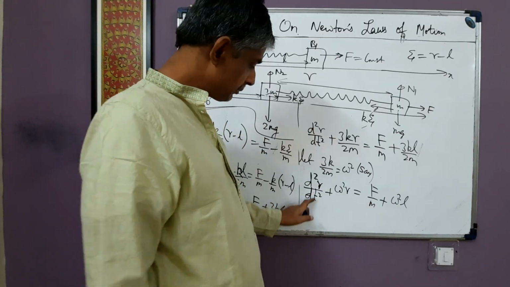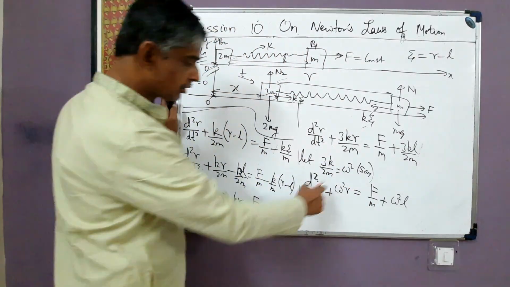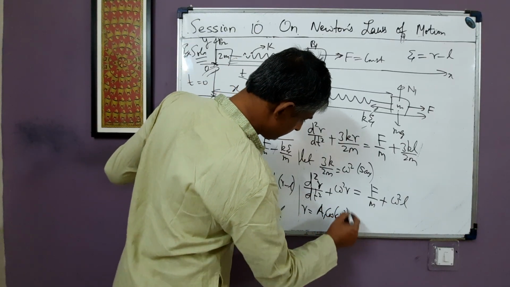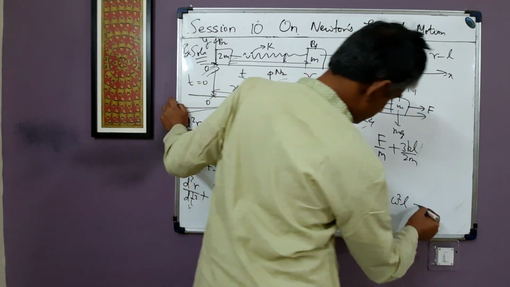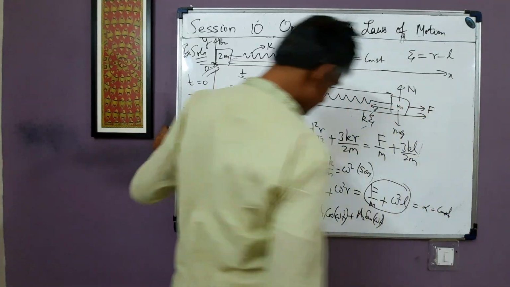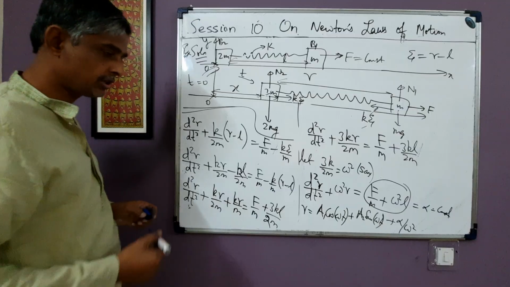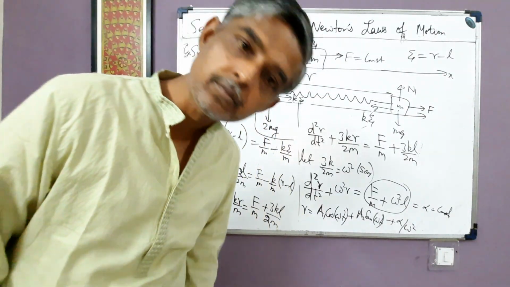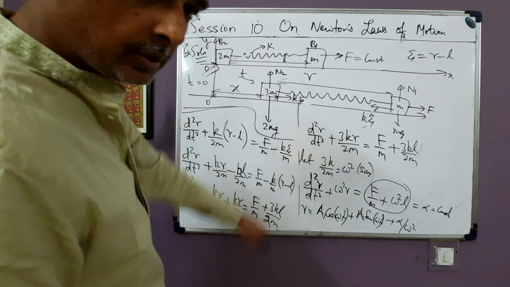From the theory of second order differential equations, the solution of this equation will be written as a1 cos omega t plus a2 sin omega t. Let's call this right quantity f by m plus omega square l as alpha, which is a constant, plus alpha by omega square. Here a1 and a2 are constants. They have to be determined from some given condition. All right.